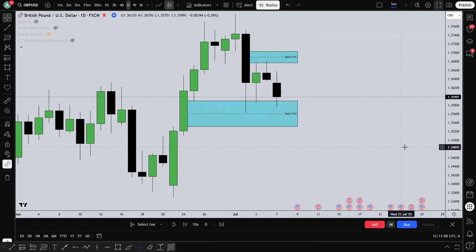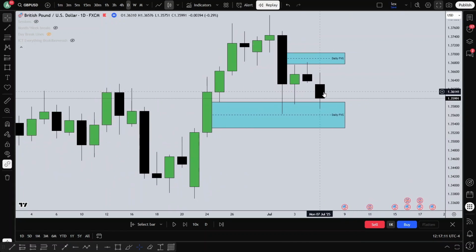Now, the trade was executed on this day, which is the 7th of July. I was anticipating lower prices because price did an internal shift in structure and price respected this daily fair value gap with not much momentum, leaving this swing low, now sweeping this swing low before the retracement back to this daily fair value gap, and seeing this candle we're expecting the daily fair value gap ending up as a down close candle.